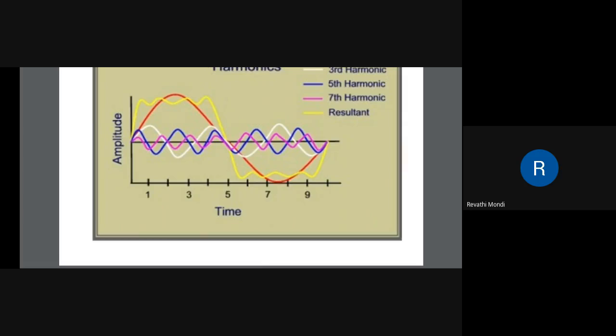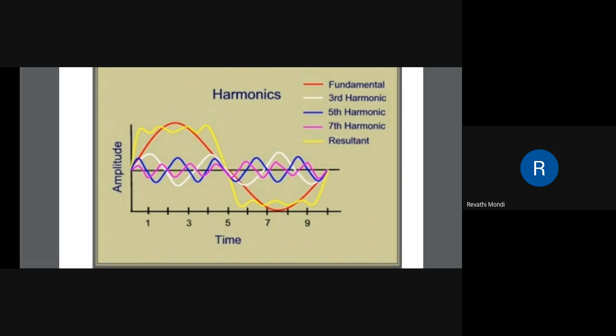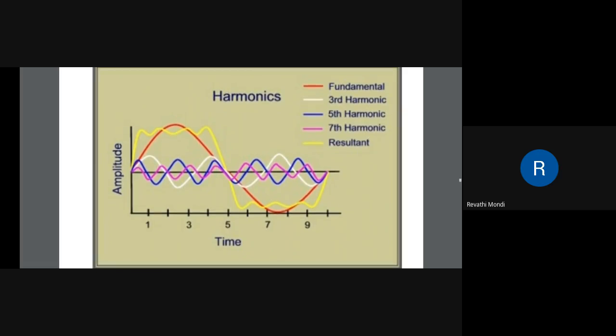Based on that concept, all of you students please observe the waveforms in this diagram. Different colorful waveforms are there, and I have to explain them individually. First, observe the red color waveform.